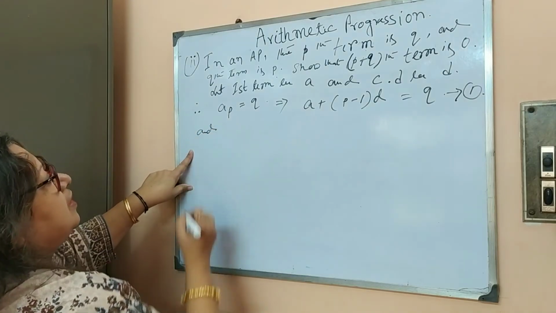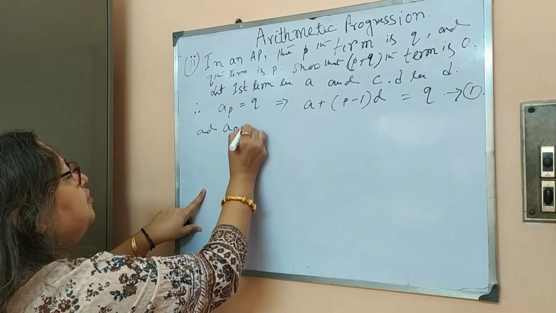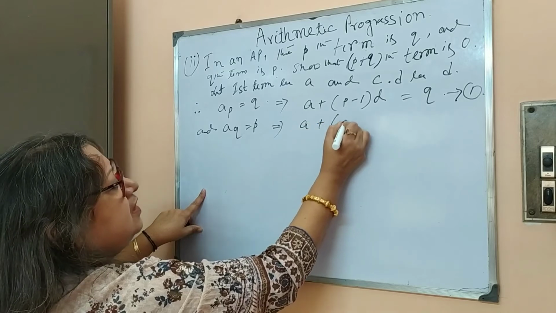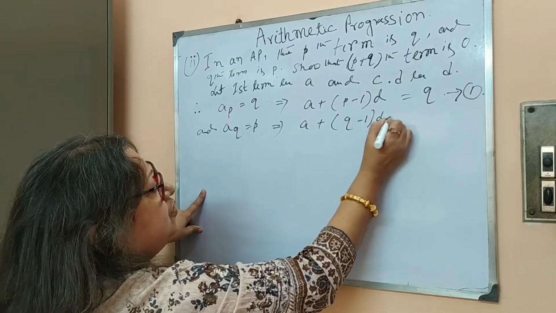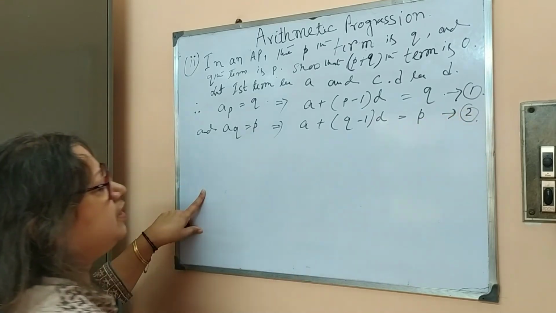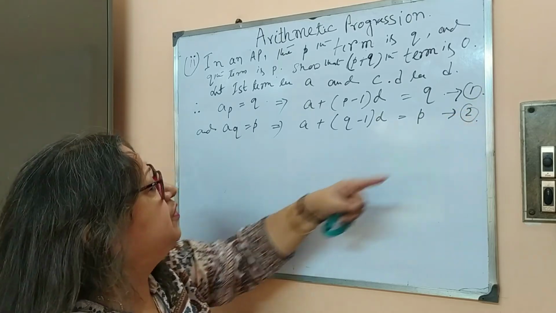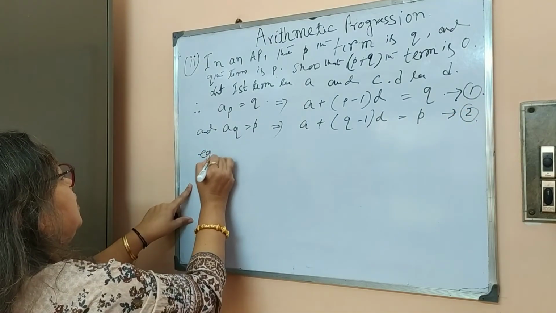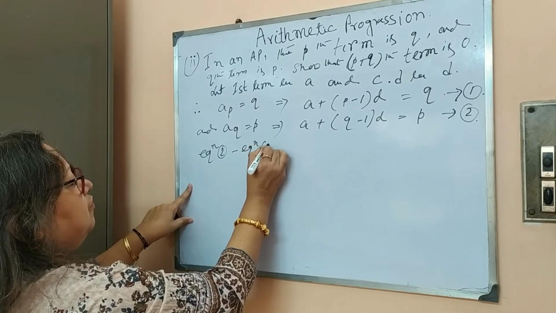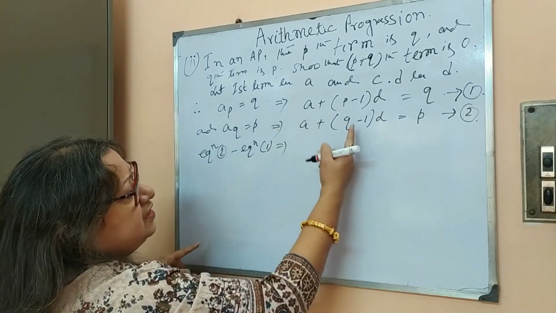And the qth term is p. That is Aq is equal to p. This implies a plus q minus 1 into d is equal to p. This is equation number 2. Okay. Now if we subtract equation number 1 from equation number 2, we get equation 2 minus equation 1, and a will cancel each other.